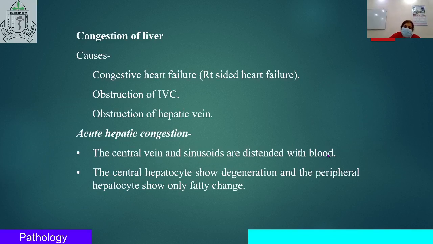Both of these are distended with deoxygenated blood. As the central hepatocytes are supplied by this, there is deoxygenated blood, there is hypoxia, there is cell death in the central region. But peripherally, there are only reversible changes as it is supplied by the portal triad.